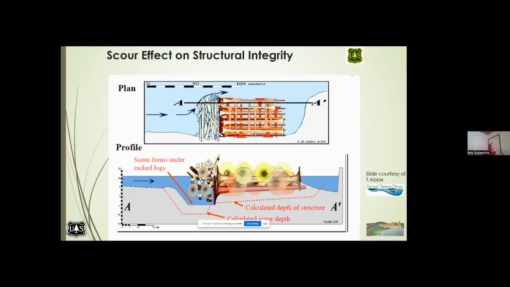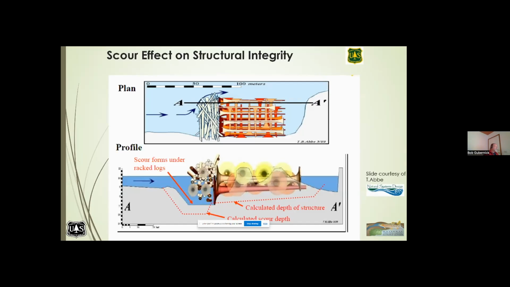Again, when you're dealing with large amounts of rack material, scour abatement logs further underneath your structure are important to have. And again, understanding scour, there are lots of ways to calculate scour. Pretty much all of them are wrong. What we typically like to utilize is doing multiple methods.